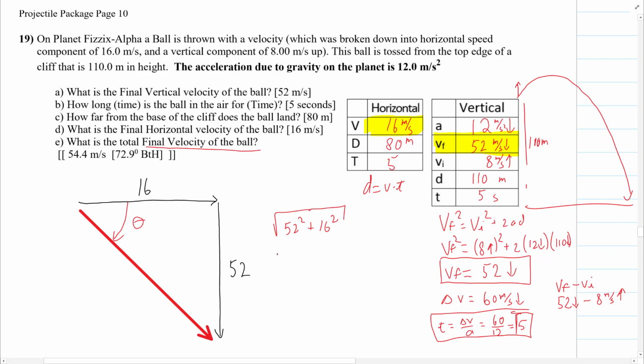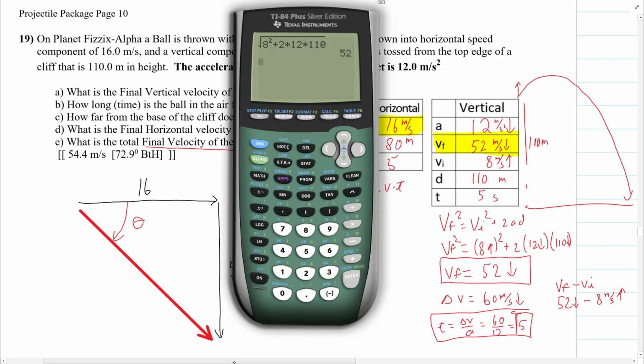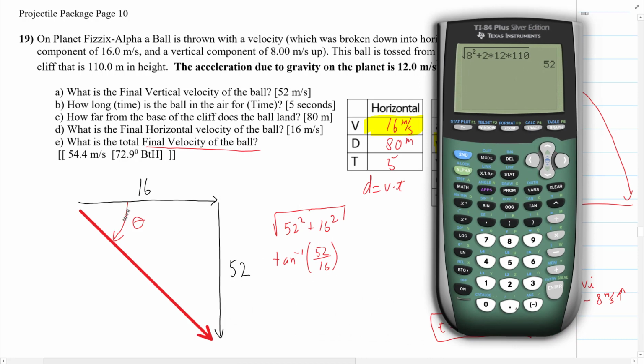And the inverse tan of the opposite over the adjacent, always the y over the x, because we were labeling it from the horizontal, so that's always going to be the opposite, which is the y. Always. Sweet. Okay? So, square root of 52 squared plus 16 squared. And we do the inverse tan of 52 divided by 16.